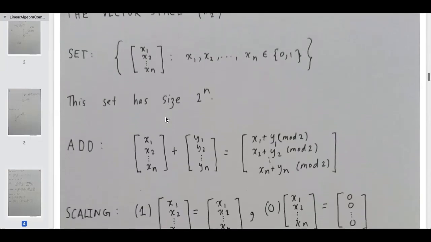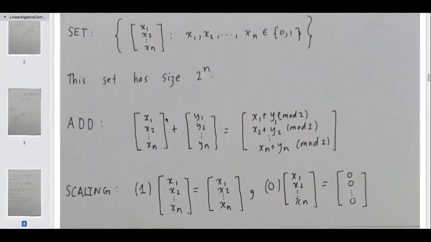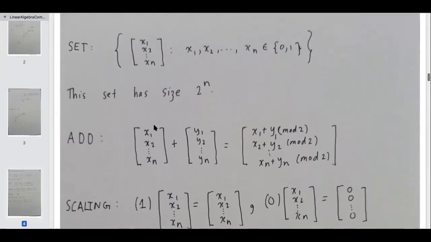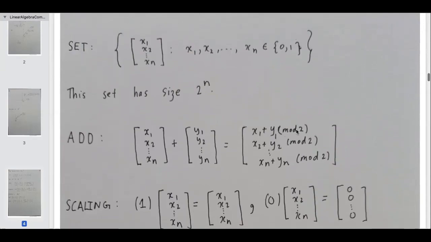And now how do we add? I have to tell you how we can combine two vectors and give another vector. The way we add in F2^n is that x1, x2, ..., xn plus y1, y2, ..., yn is defined to be x1 plus y1 modulo 2, x2 plus y2 modulo 2, ..., xn plus yn modulo 2.